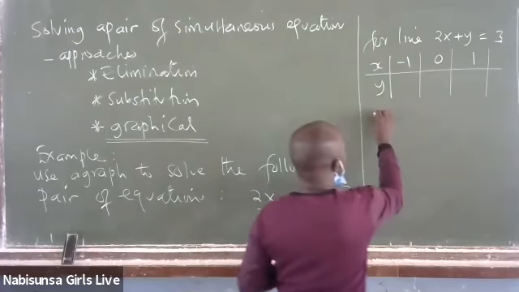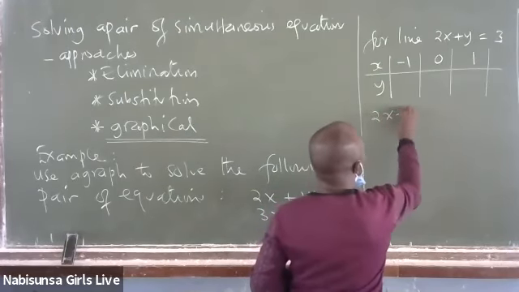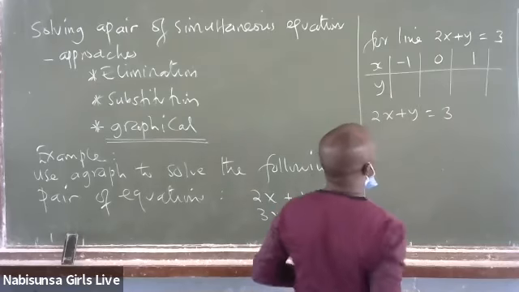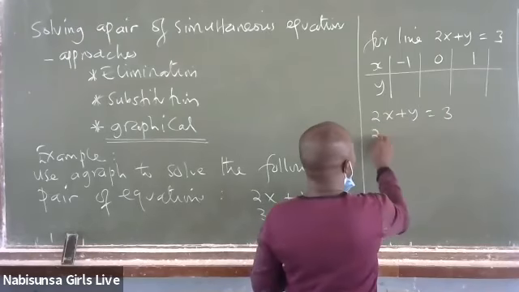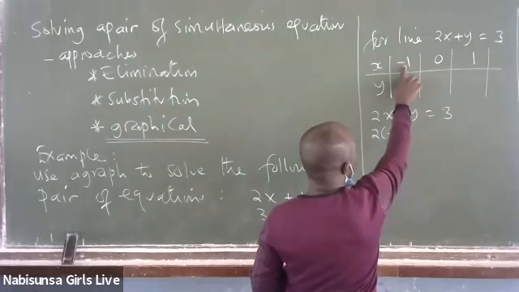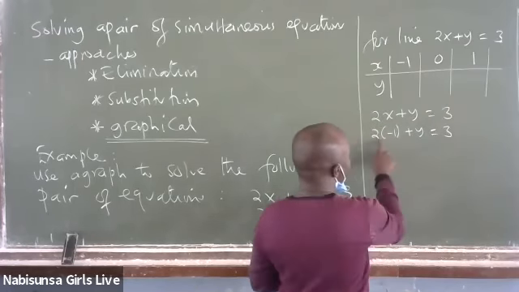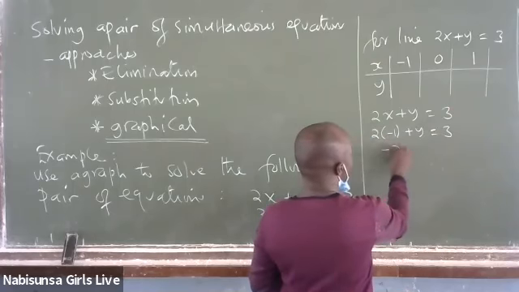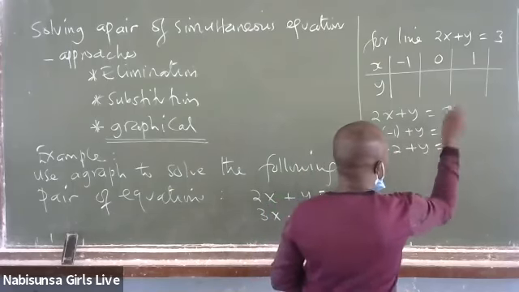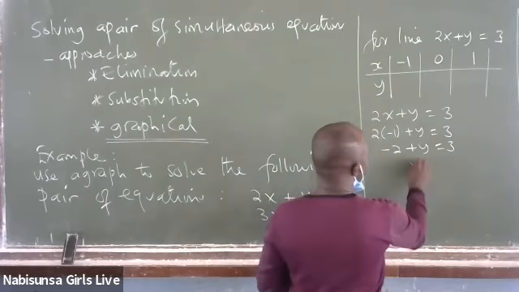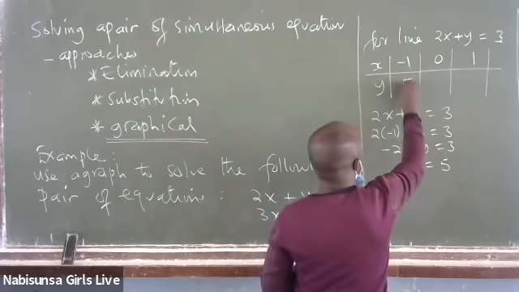So you simply substitute. Your relationship is 2x plus y is 3. But our x is -1 for this one. This is purely -2 plus y is 3. This will give you y as 5. Okay?